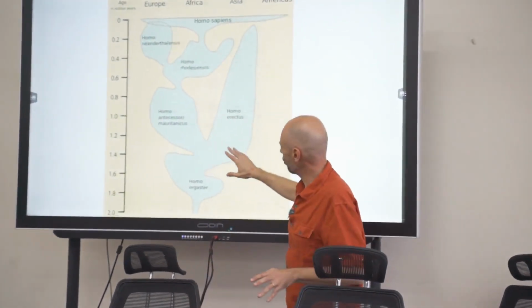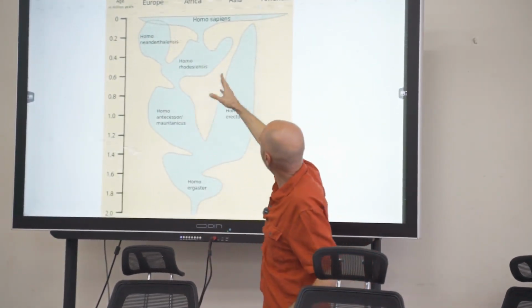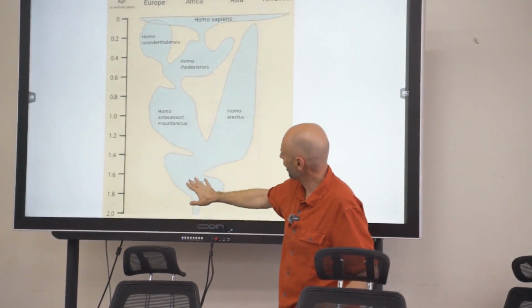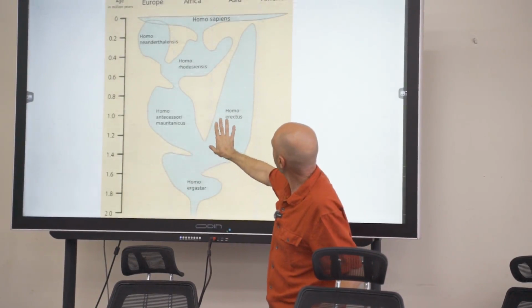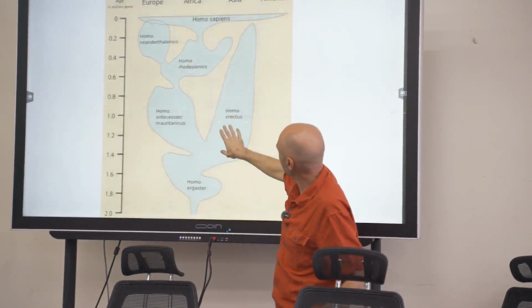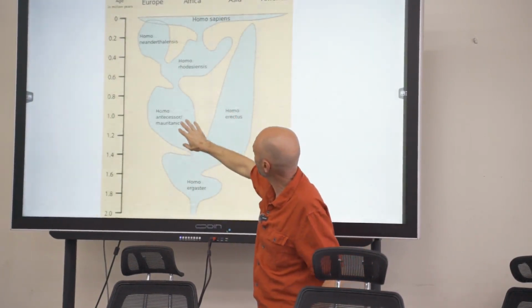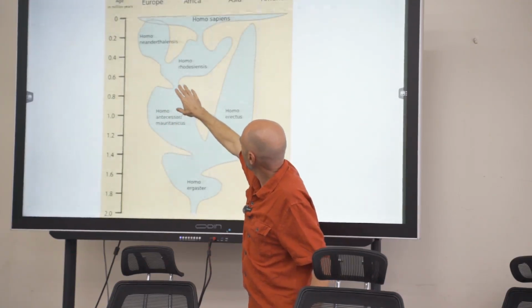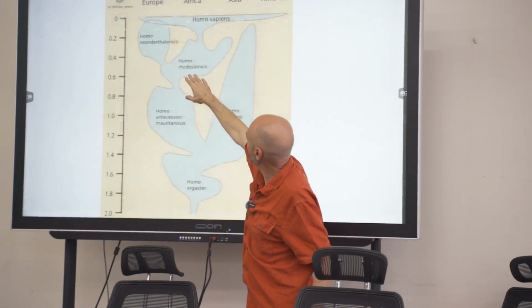You can see this is more or less the evolution of Homo in Europe, in Africa, in Asia, and in America. The very beginning was in Africa, Homo ergaster. Then it divided: in Asia, it was Homo erectus; in Africa and Europe, Homo antecessor, which afterwards became Homo rhodesiensis.